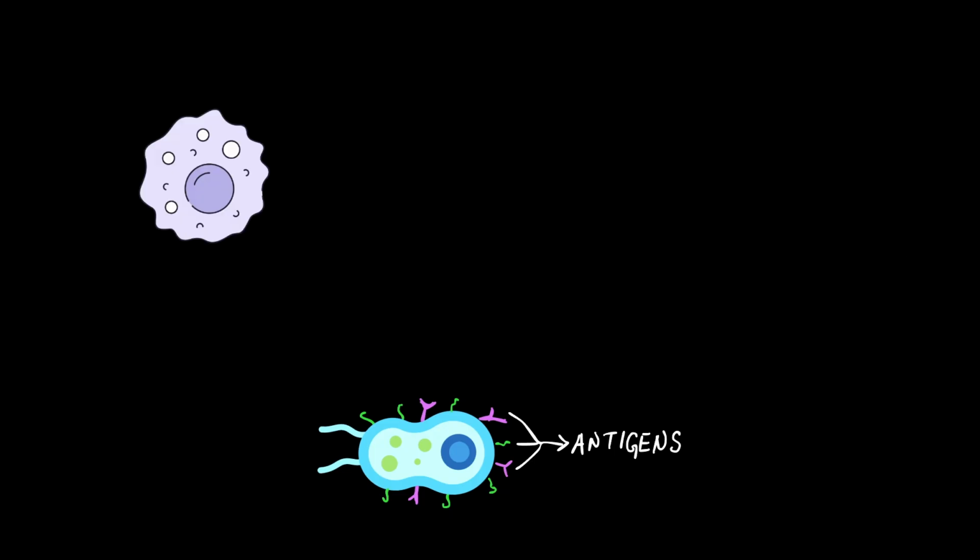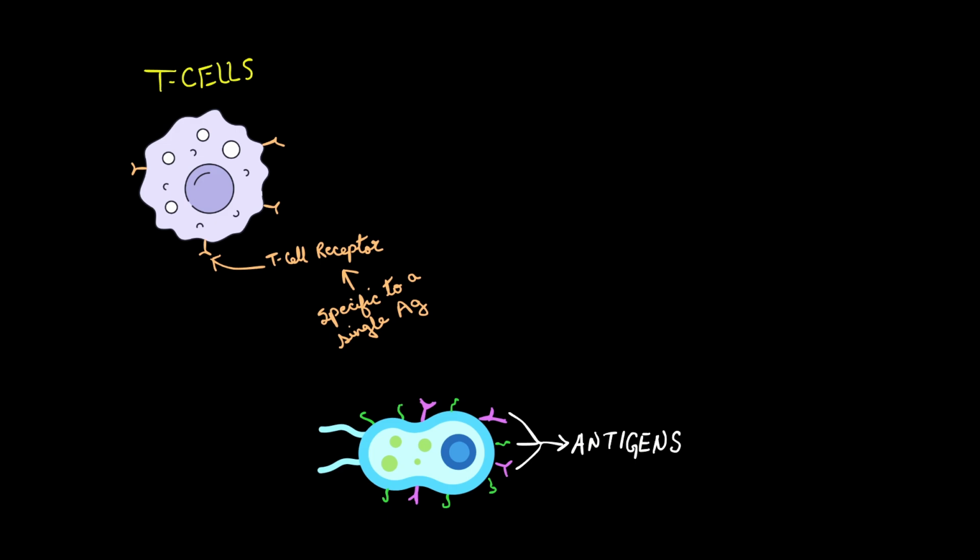Each invading pathogen carries unique molecular structures on its surface. These structures are called antigens. Now, here's what makes adaptive immunity remarkable. Every T cell carries a unique T cell receptor or TCR designed to recognize one specific antigen.